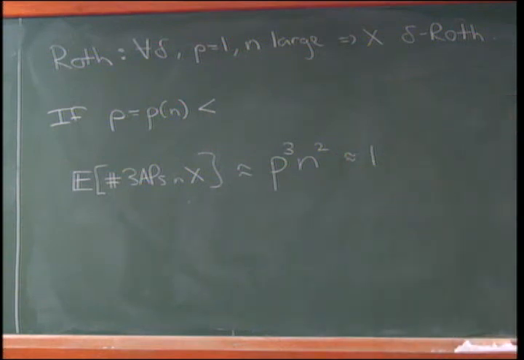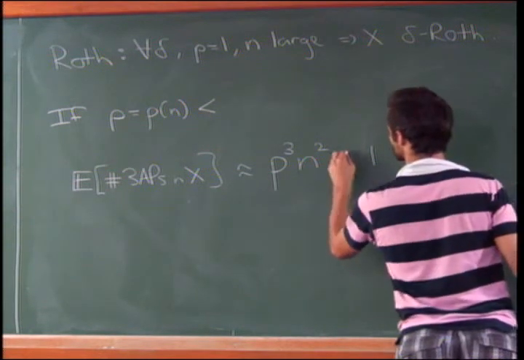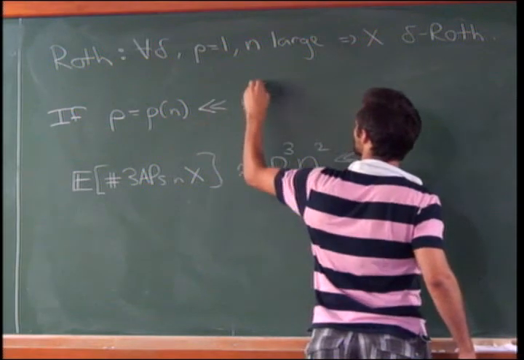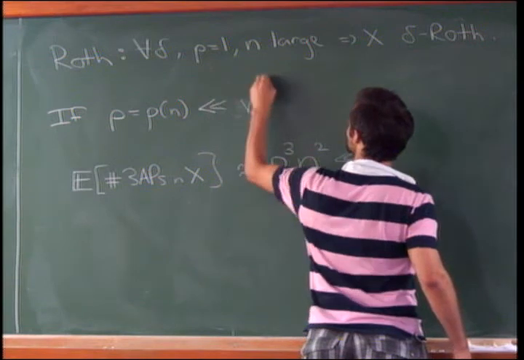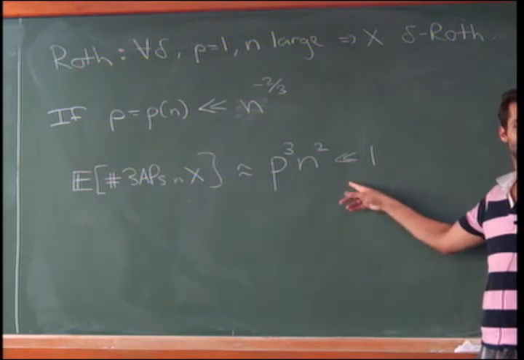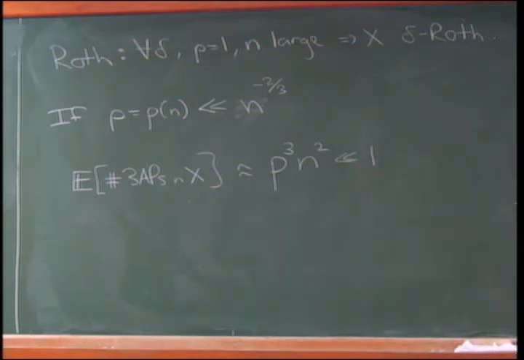Suppose that's much smaller than 1. So if p is much smaller than n to the minus 2 over 3, then you're not likely to get any at all, even in X. So in A, certainly not.